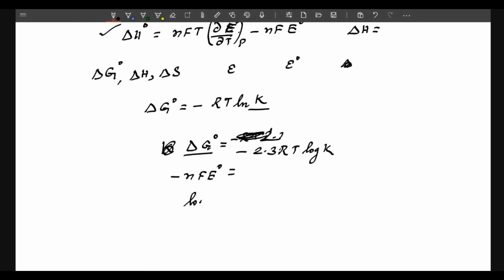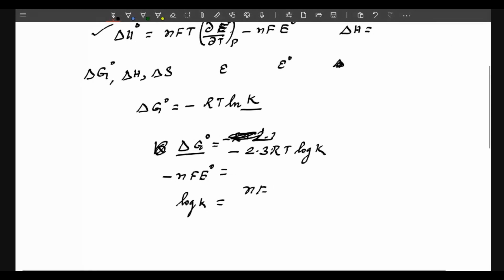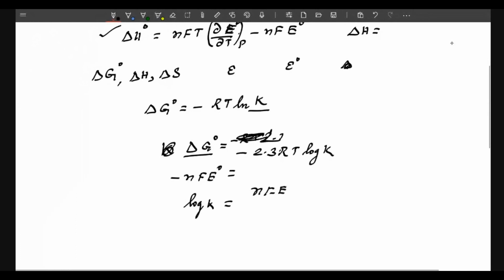Or log K would be equal to nF E naught divided by 2.3 RT, as the minus signs get cancelled. Do you follow this?